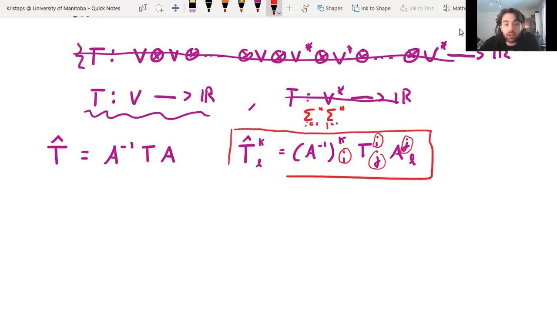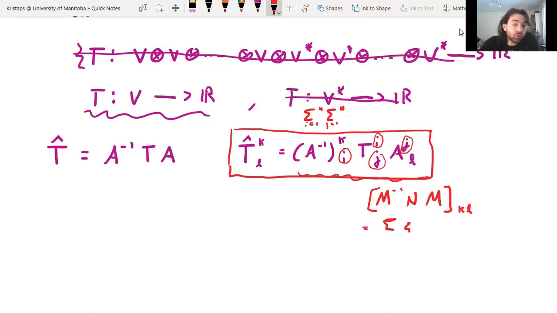Well, if you think about just matrix multiplication, say we have some matrices M inverse, N, M, and you wanted to write out the K-L entry in your normal linear algebra definition. If you go through the proper definition with the sums and everything, this is basically what you end up with.